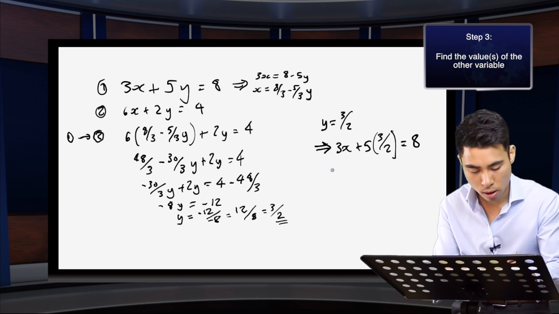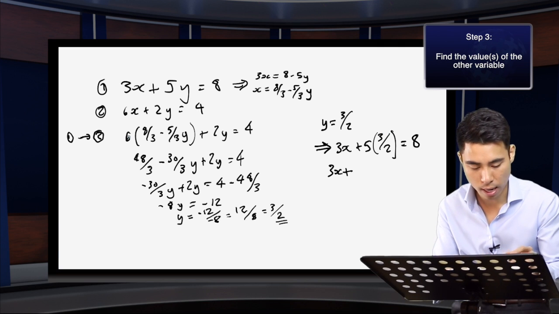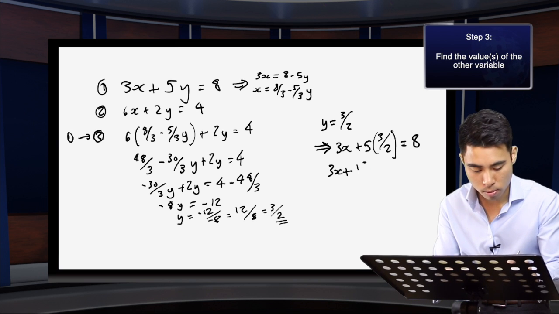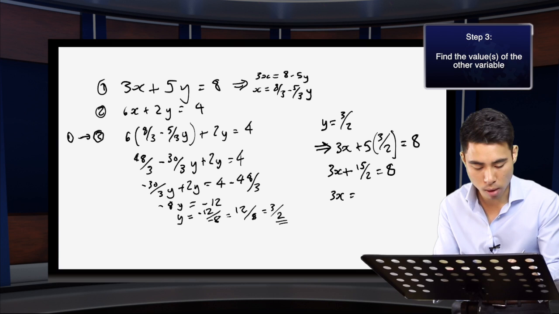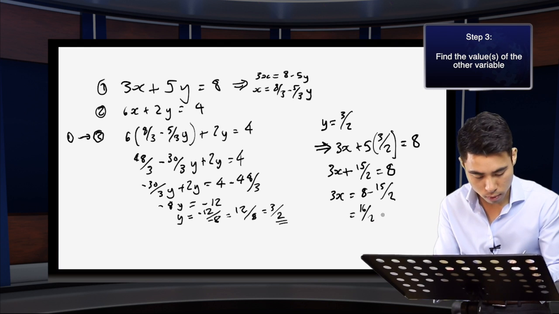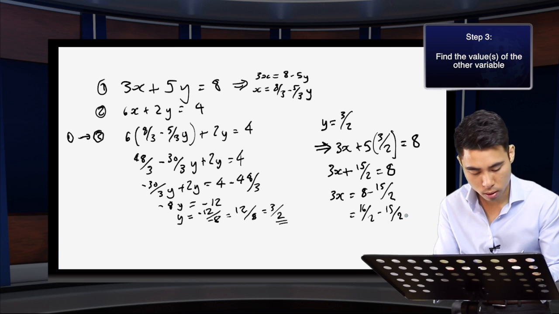Okay, solving that, 3x plus, similar to here where I just expanded out those brackets, i.e. multiplying my whole number by my fraction, 3x plus 15 over 2 equals 8, and then solving, 3x equals 8 minus 15 over 2. Okay, so fractions here, 16 over 2 minus 15 over 2. Okay, so 3x equals a half.